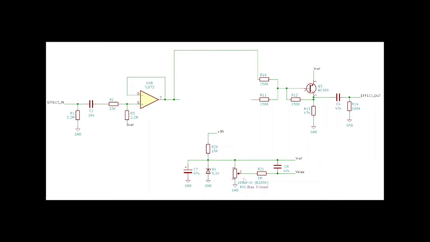It won't make any difference because it is just used as a voltage divider here to get us the correct bias. Okay, so hopefully I'll get to that JFET thing a little bit later, but so far there's no mystery here. It's pretty standard stuff in the pedal.